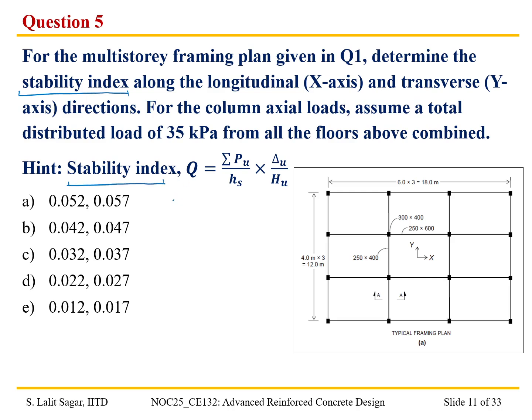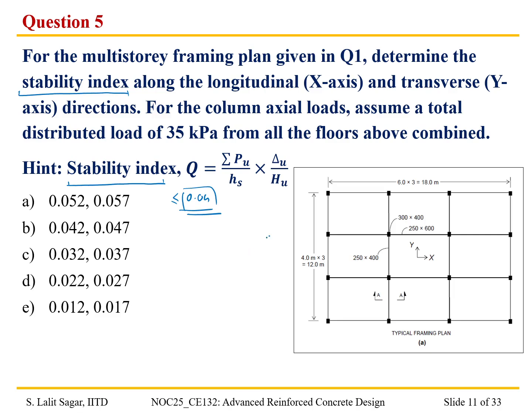If the stability index is less than a particular value, let's say 0.04, which I think is the threshold value, we may classify the frame as a non-sway frame. That is why it is important to determine the stability index.